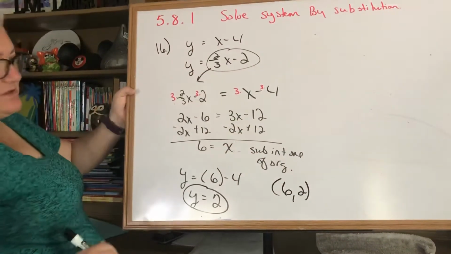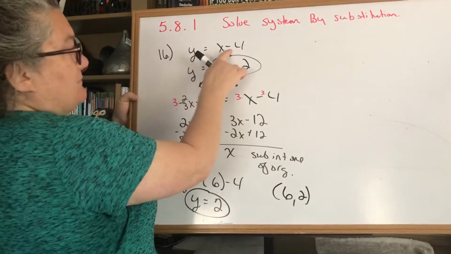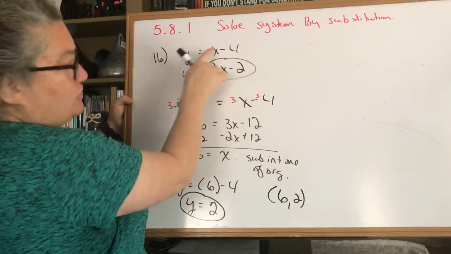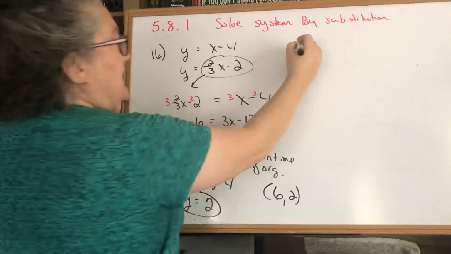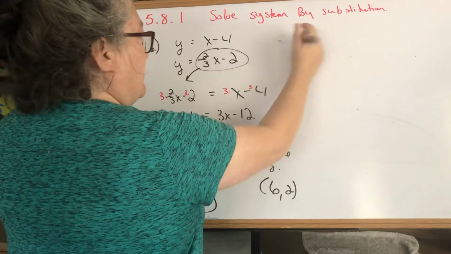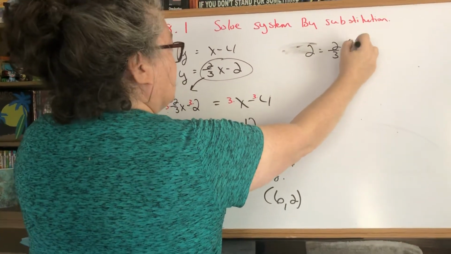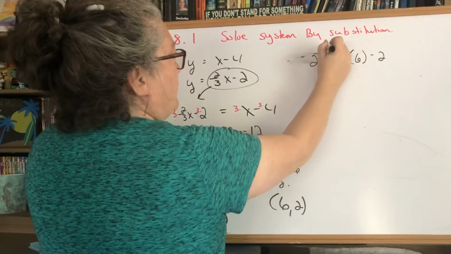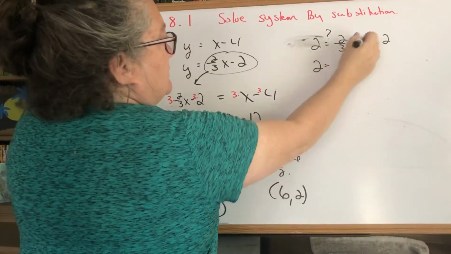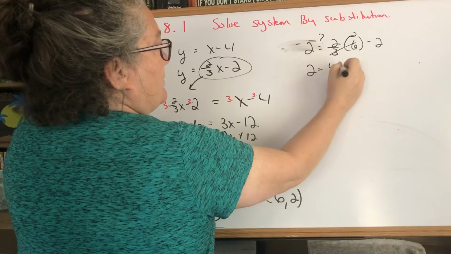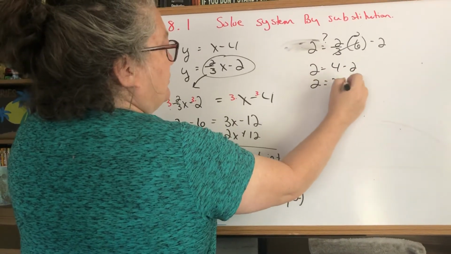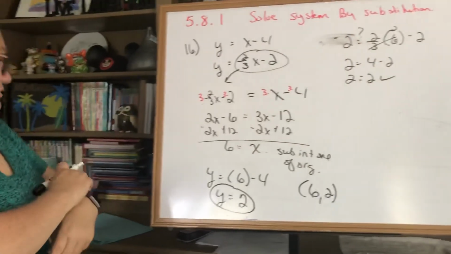We can check it here to see if it works. 6 minus 4 is 2, so 2 equals 2, yep. And the other one is 2 equals 2/3 times 6 minus 2. Does that work? 2 equals 2 times 2 is 4 minus 2. 2 equals 2. Yes, it worked. So there's our solution to that.